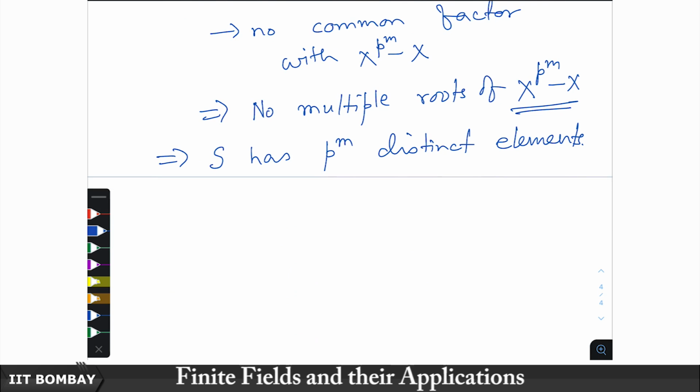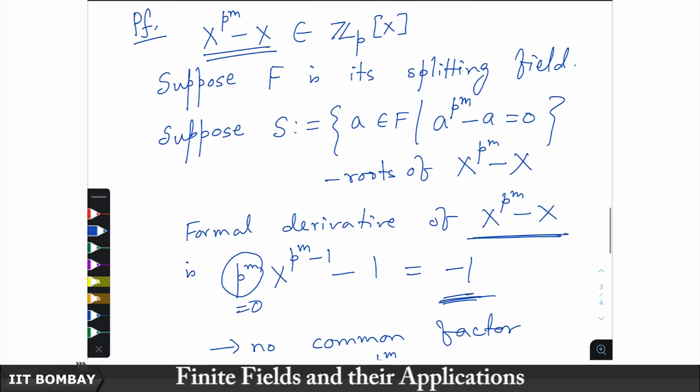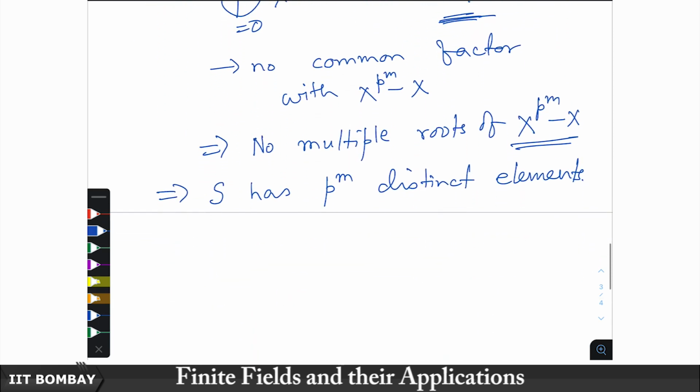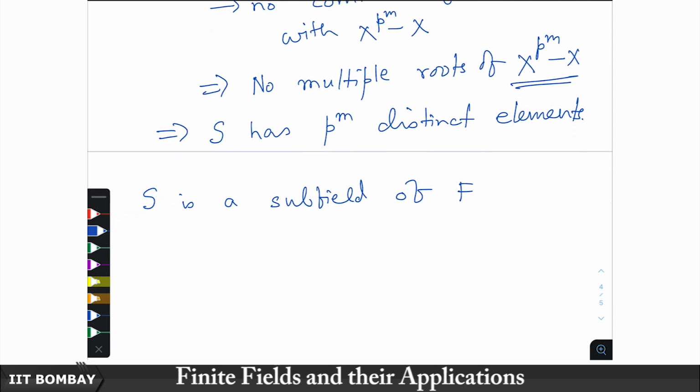And S has p power m elements. Now, we will show that S itself is actually a subfield of F. That is, we will just show that S is a field, and this is very easy to verify. 0 is there because elements of S are roots of x power p power m minus x.